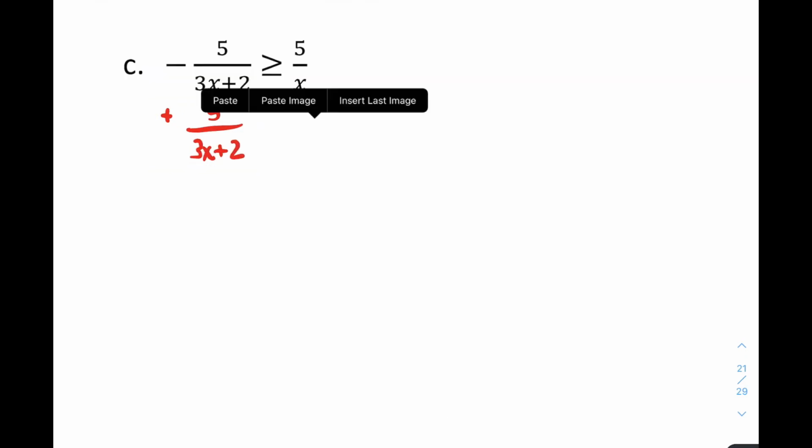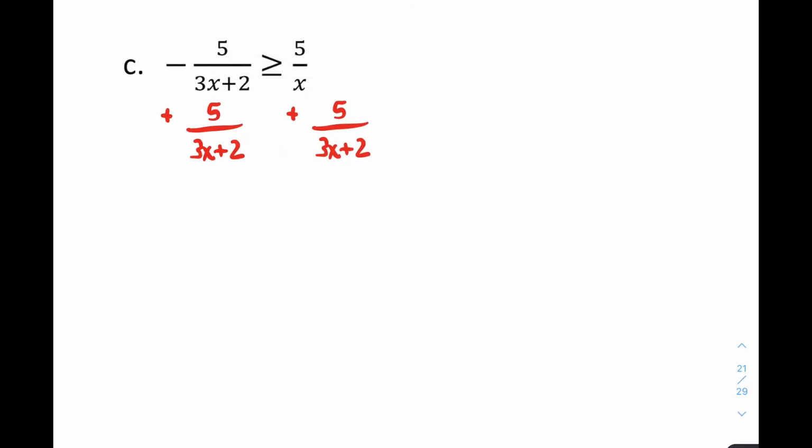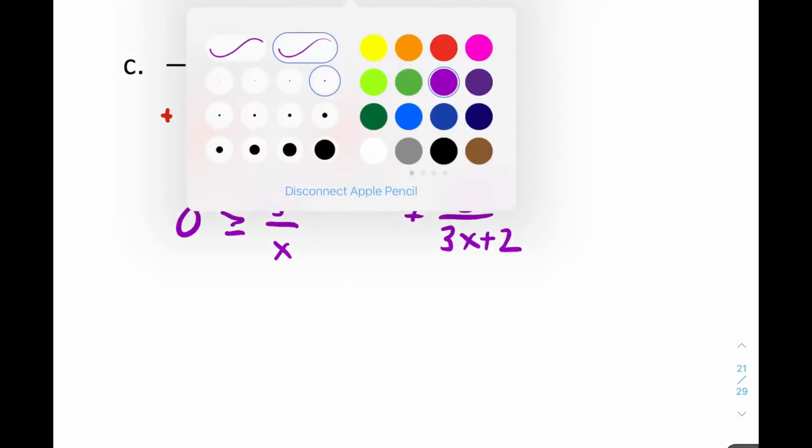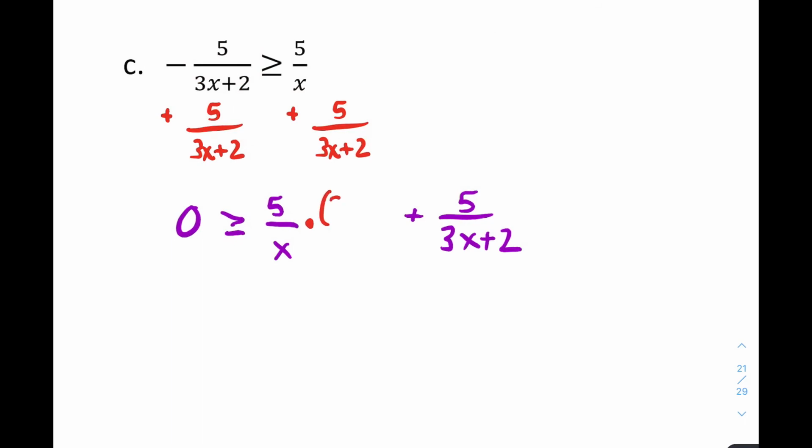Let's go ahead and take a look at one more. So same idea, we want to get 0 on one side, which means I'm just going to add 5 over 3x plus 2 to both sides of my inequality. You could subtract 5 over x. And then if I'm adding those two rational expressions together, I have to get a common denominator by multiplying my first one by (3x plus 2) over (3x plus 2), and my second one times x over x.